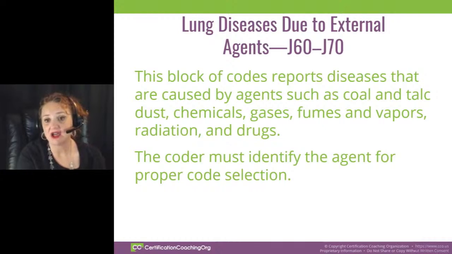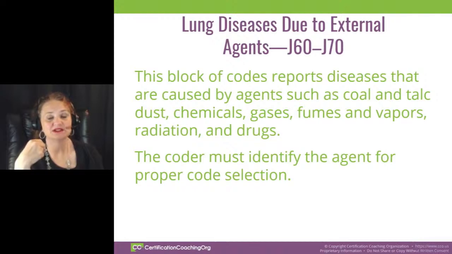Coal miner's lung, and there's one that's ultimately guano. Bat poop in the lung. It's the dust and stuff. So people that were in caves, if they were a spelunker, you got this. Talc powder, talc dust and stuff can get in the lungs and cause irritation. Chemicals and gases and fumes and stuff that you breathe in or inhale.